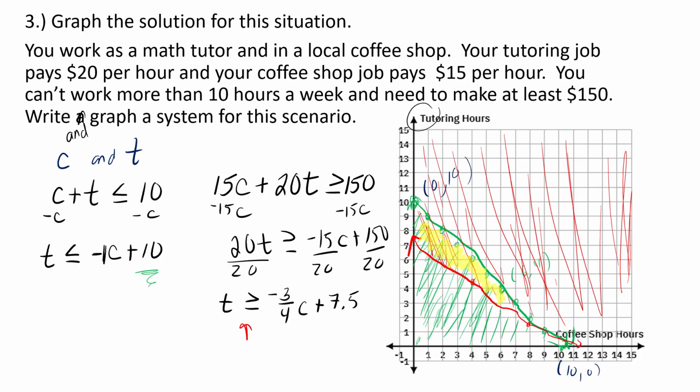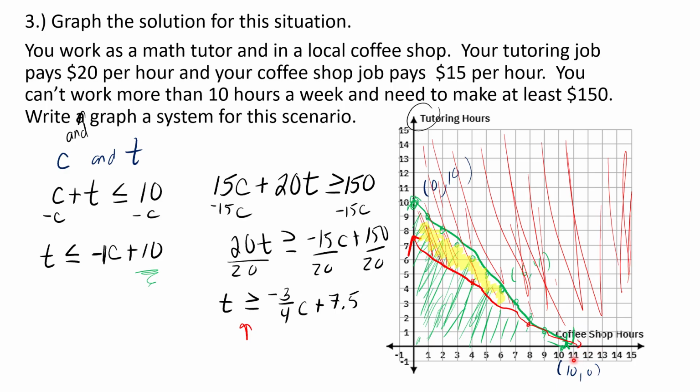Okay, so that is the set of points that represent all the possibilities that you have. So you're going to meet under your time limit, but at least over the amount of money that you need to make. So if you were looking at the regions of the coordinate plane here, down here, you can't really see it. It's going off.